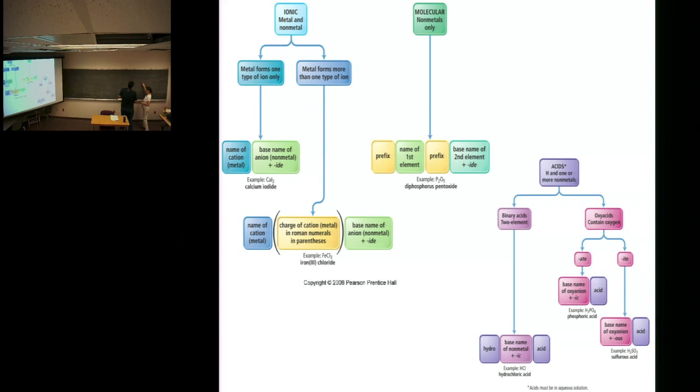Hypoiodite. So ite goes to ous. Okay, so change the ending to ous. And that's it. What confused me is I thought there's no... That's not hydro. That's hypo. Oh, okay. That's part of the polyatomic ion name, hypo, not hydro. Yeah? So it's just one of those you have to remember? Yes. Okay. Yes.